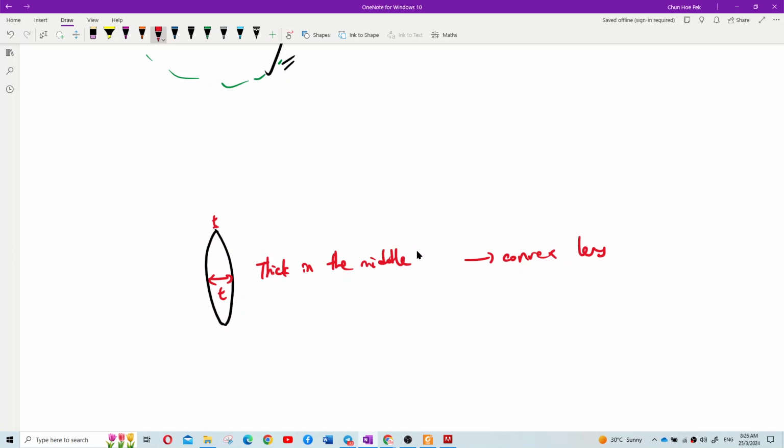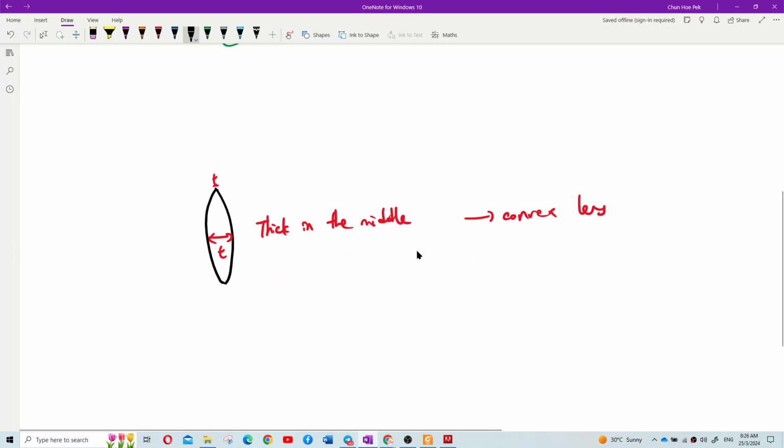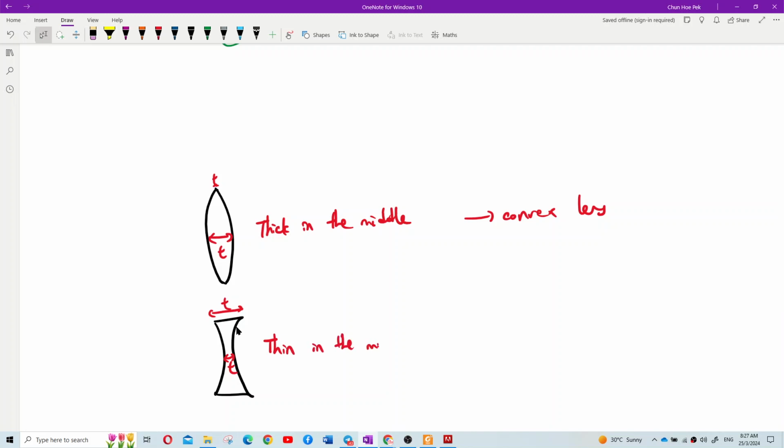But if you have a lens like this, compare the thickness at the center and at the side. The side is thicker, so it's thin in the middle. This one is called concave lens. Okay, class, understand?